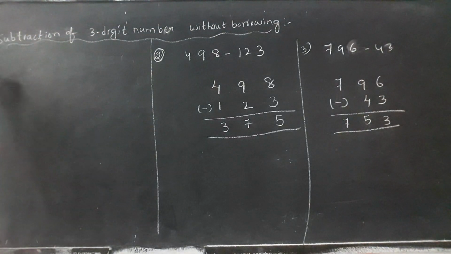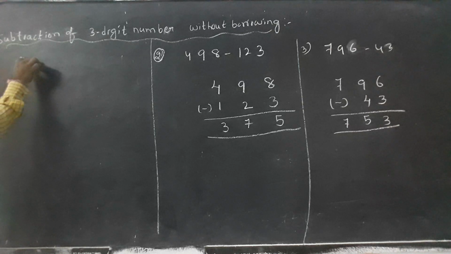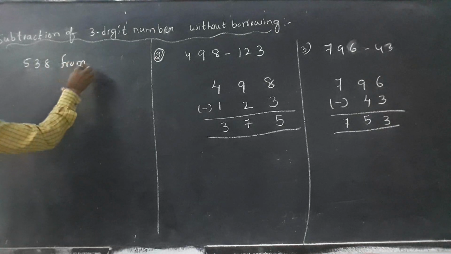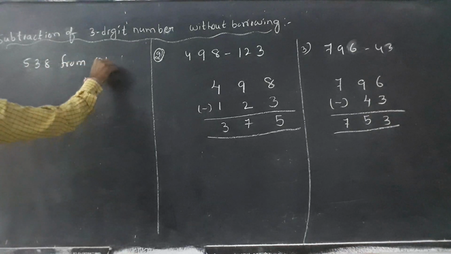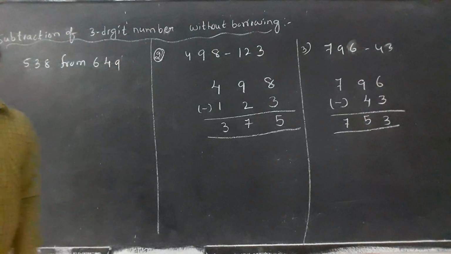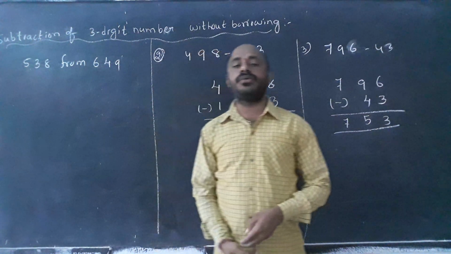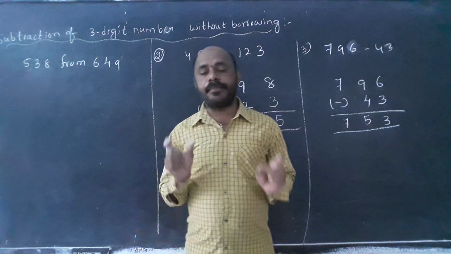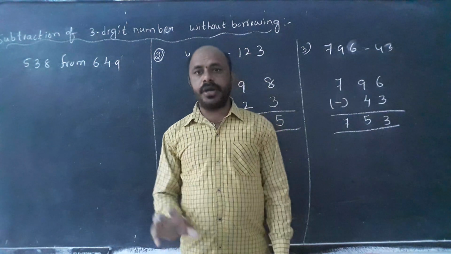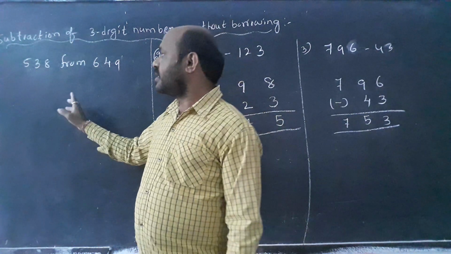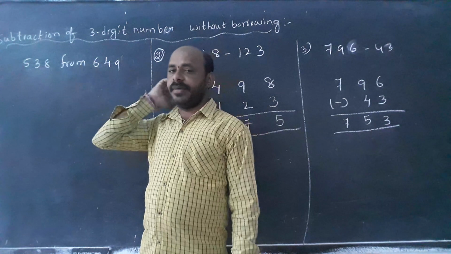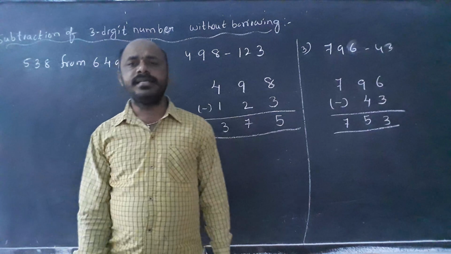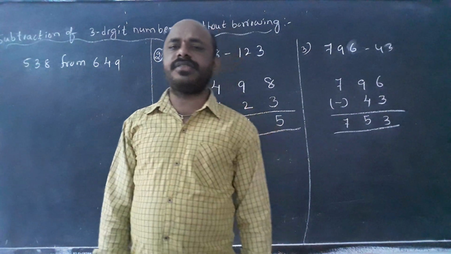If they give 538 and 649, always subtract from the bigger number to the smaller number.